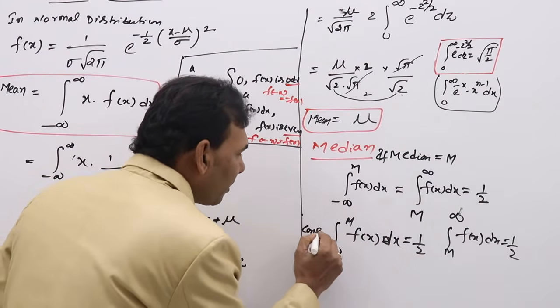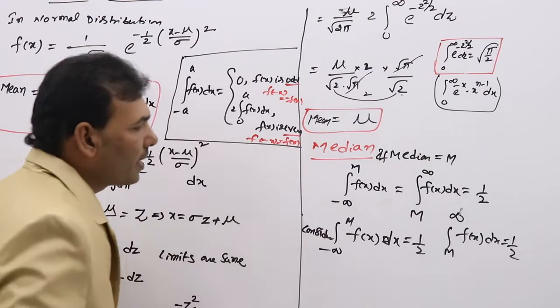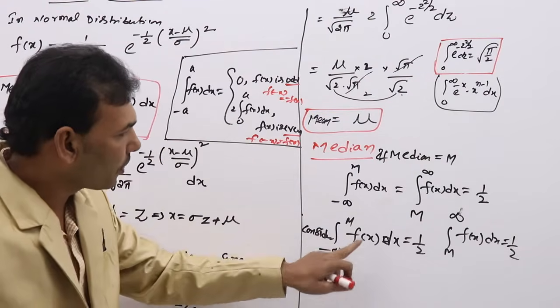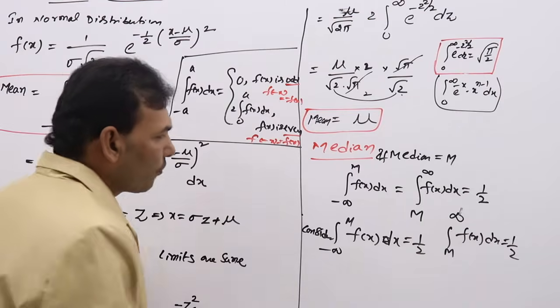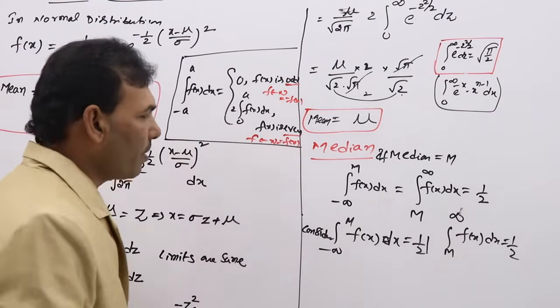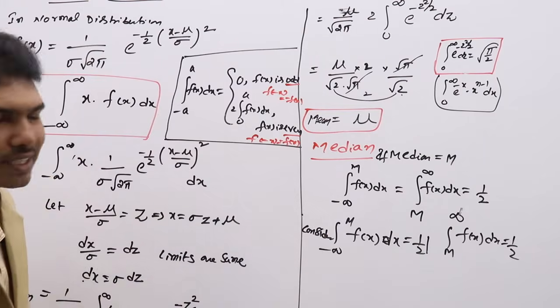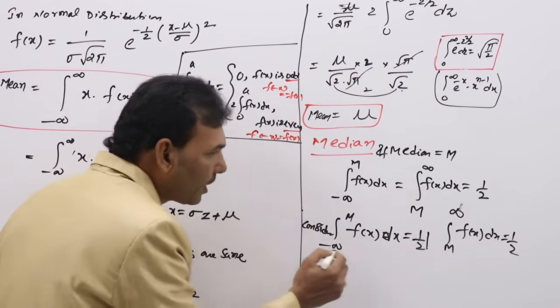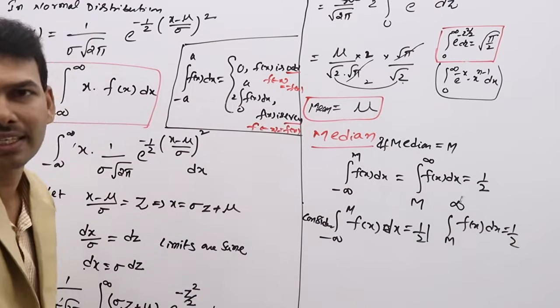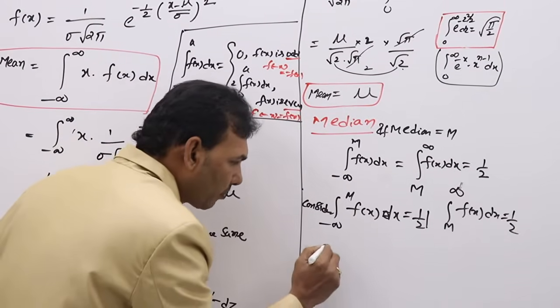Consider this integral, integral minus infinity to m f of x dx. If you take this part, what happens? Again, split this into two integrals by taking the mean mu as an in-between value.